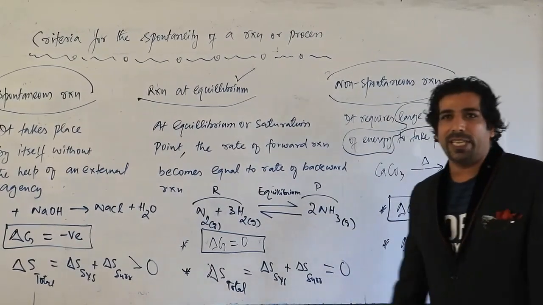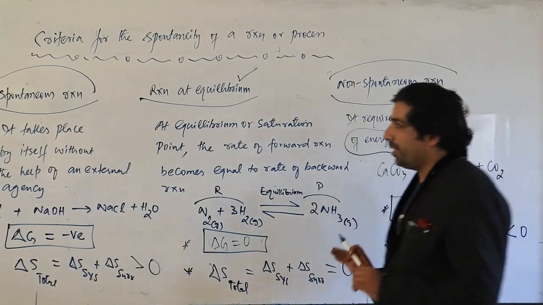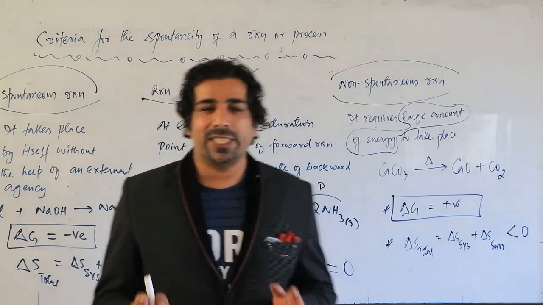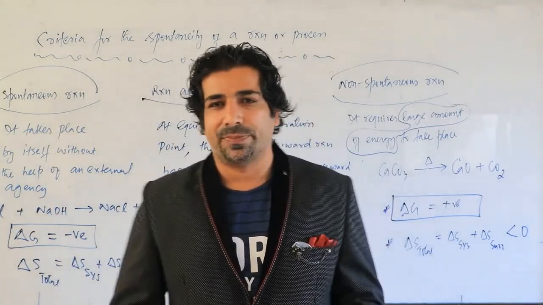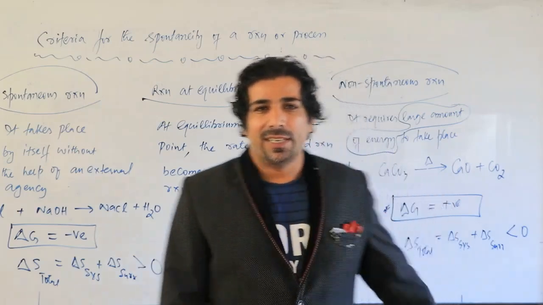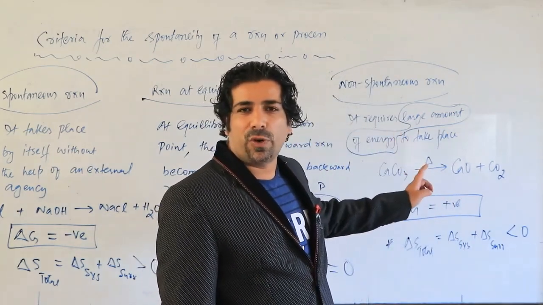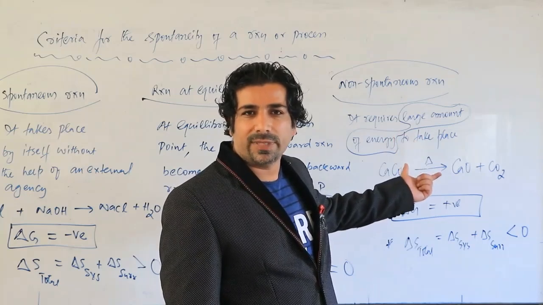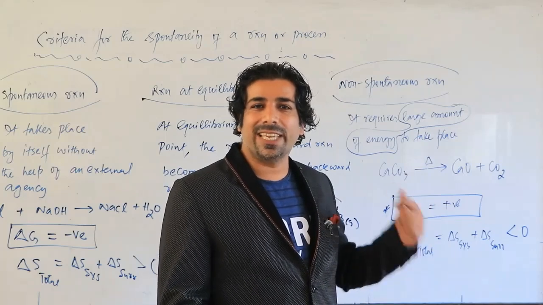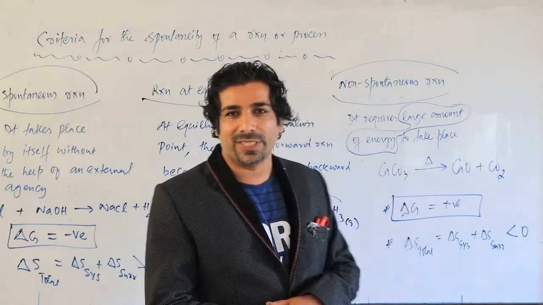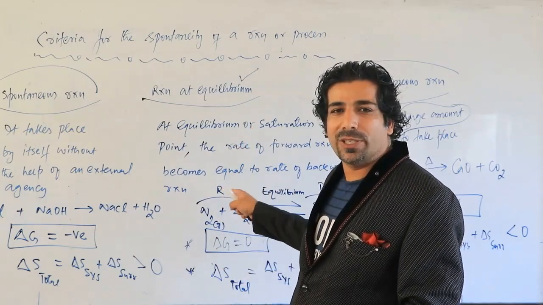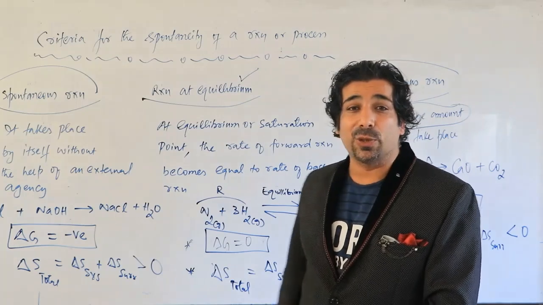In short, if we try to summarize it, you will find delta G is negative for spontaneous process, but delta S total is positive, greater than 0. Delta G is positive for the non-spontaneous process, but delta S total is less than 0, that is negative, for the non-spontaneous process. At equilibrium, both are equal to 0. Delta G 0 and delta S total also 0.